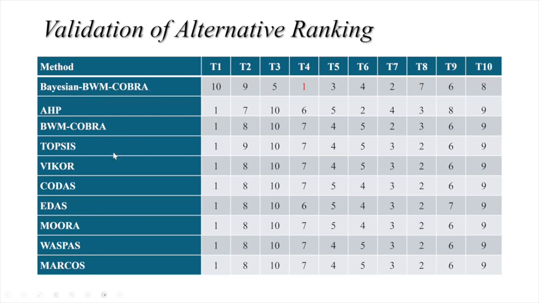So these methods separately and together. And we found that the technology at T4 has given us a different value evaluation, and it was being validated. So variations may arise from the Bayesian approach.